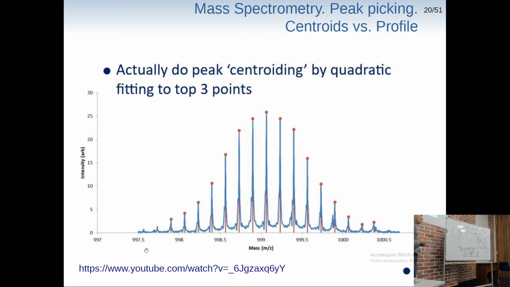Usually, we do not store the whole spectrum because there is a lot of additional information. For instance, you have a spectrum from, let's say, 10 m/z to 10,000 m/z with resolution of 0.001 m/z.